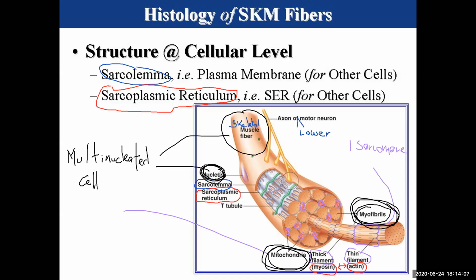And they are not located randomly. They are not in the middle of the cytoplasm or sarcoplasm. They are sandwiched between the sarcolemma and the sarcoplasm, right underneath the sarcolemma, right beneath the cell membrane. And they are scattered throughout the fiber. So multiple nuclei per skeletal muscle fiber. Multi means multiple, right? Okay, more than one nucleus.